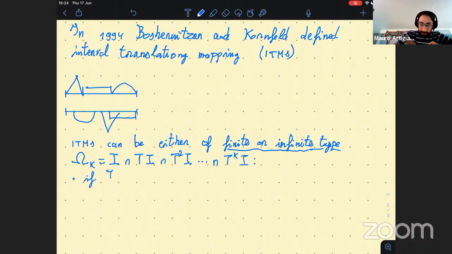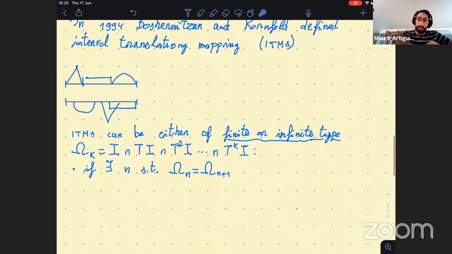If there exists an n such that this attractor stabilizes at step n, this in particular means that my attractor is a finite collection of intervals, of finite but positive Lebesgue measure. Then I will say that the ITM is of finite type.